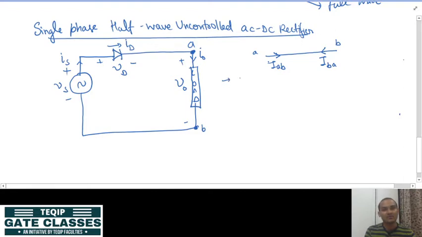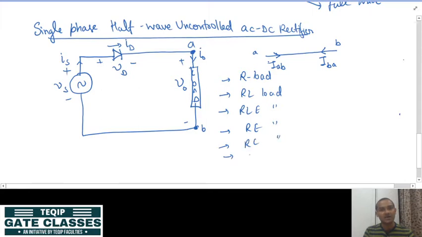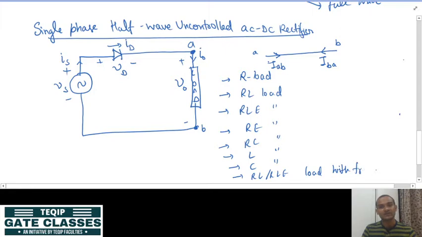The load can be R load, RL load, RLE load, RE load, RC parallel load, purely inductive L load, purely capacitive load, or an RL or RLE load with freewheeling diode. We will discuss all these loads one by one.